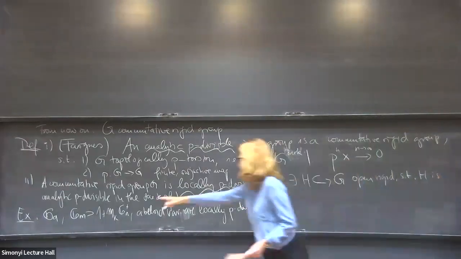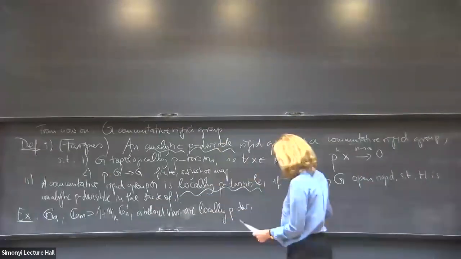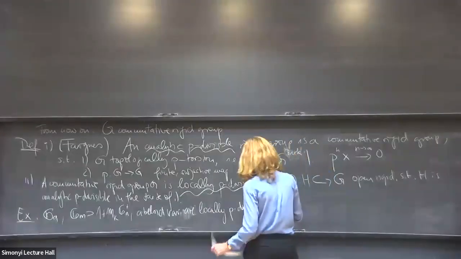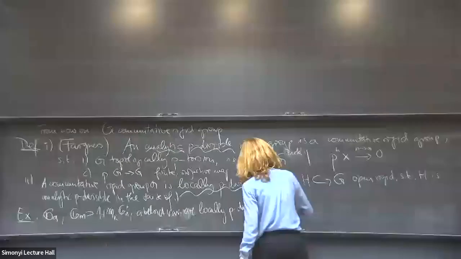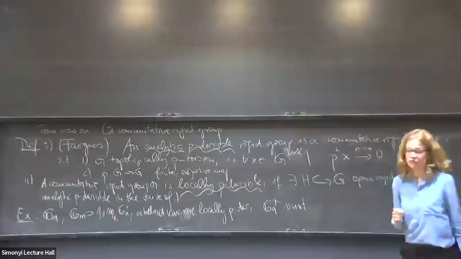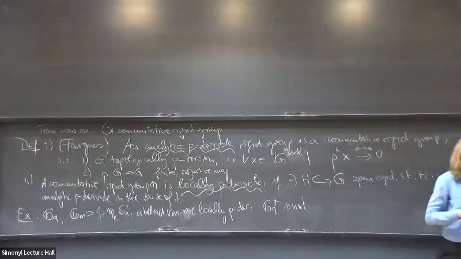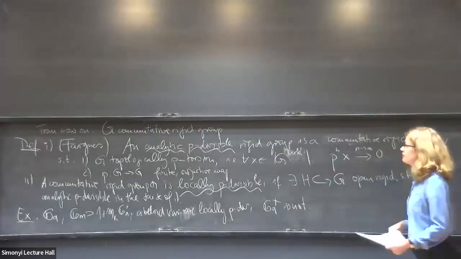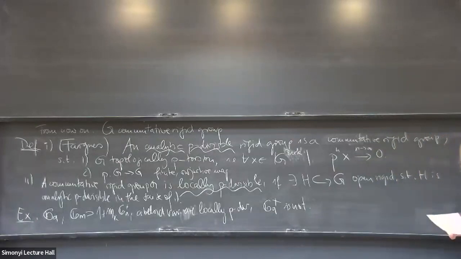Example: G_a, G_m, abelian varieties are locally p-divisible, but of course, the bad guy is not. If you have something which has absolute value lower or equal to 1, you will not be able to divide by p.